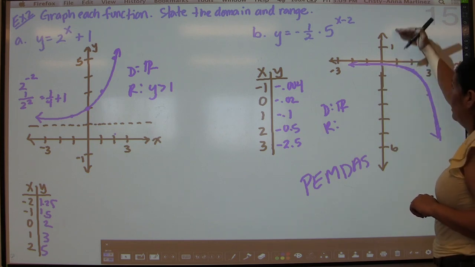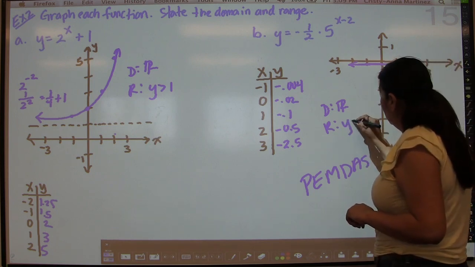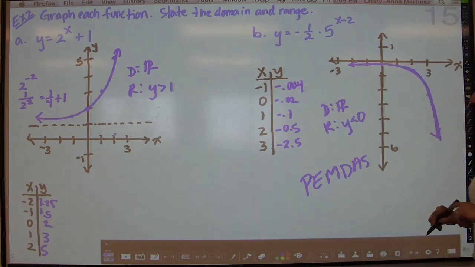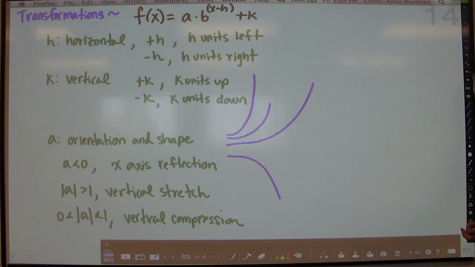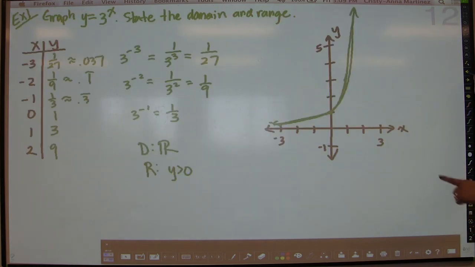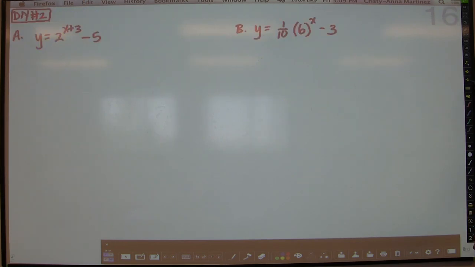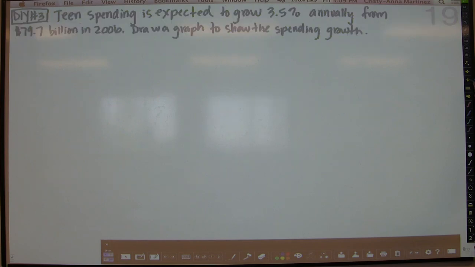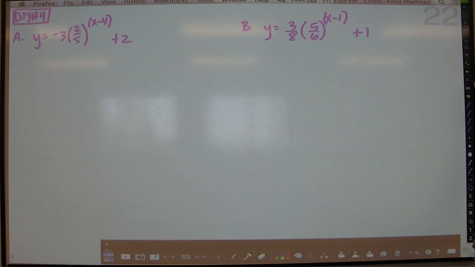So you don't want to say y greater than 0, you want to say y less than 0. And I apologize for not having done that earlier, but you want to add that to that example. I just want to make sure that I did the domain and range on example 1.